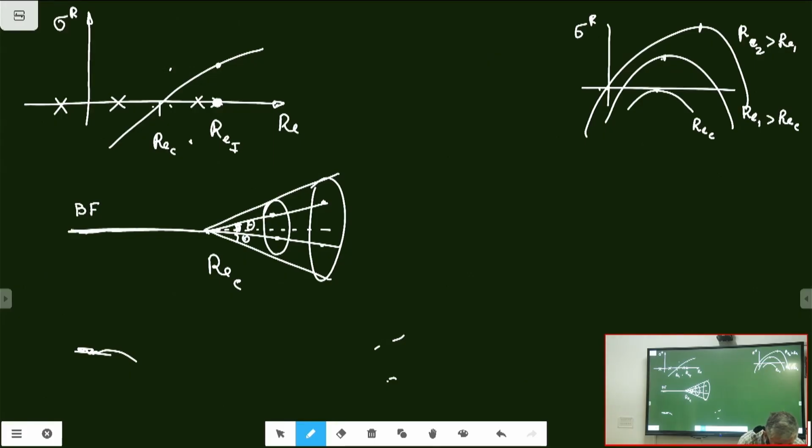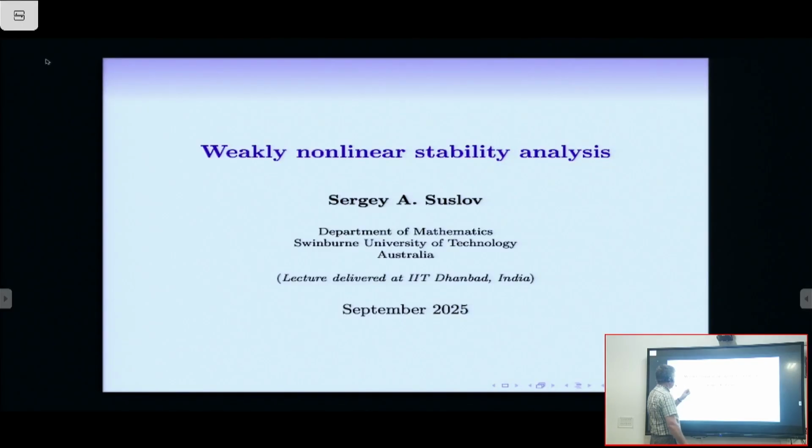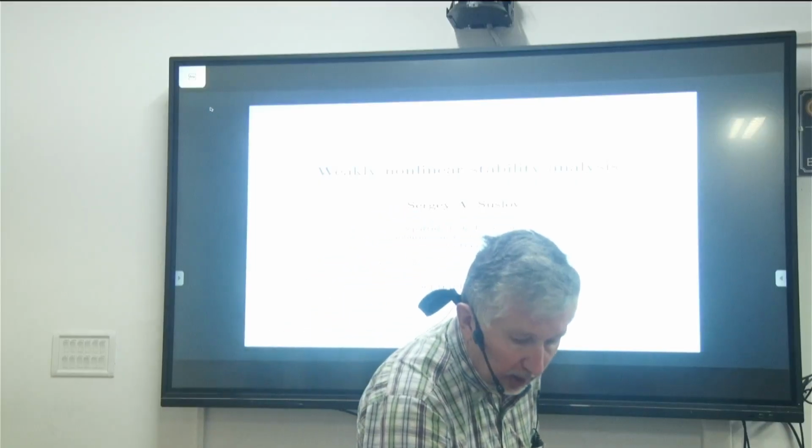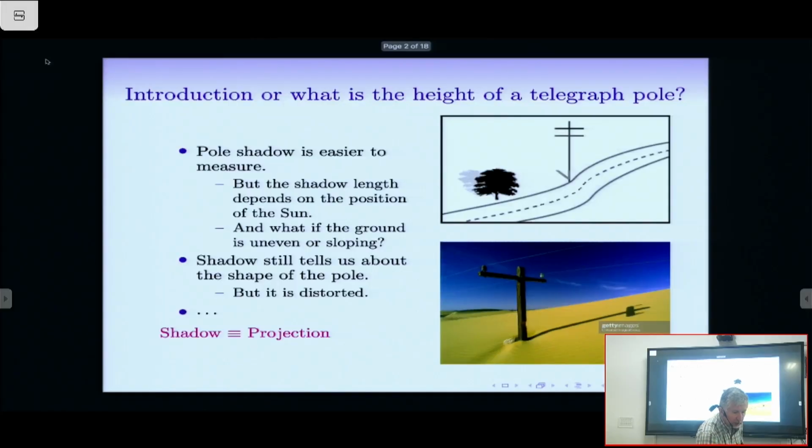I will show you a very simple interpretation of the concept of projection. It is in your folder, so you will be able to get there. I will not go through the full pack, but I'll just refer to some nice pictures here to show you what it is. A few images here.